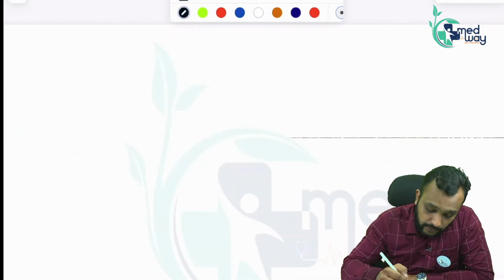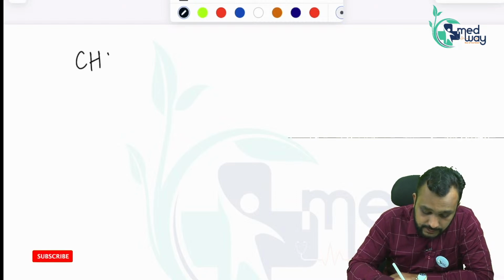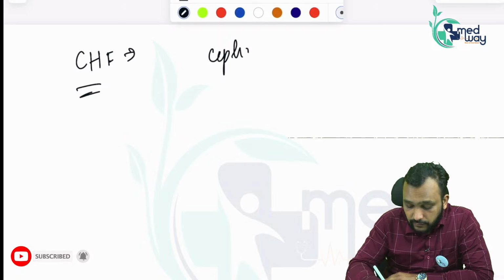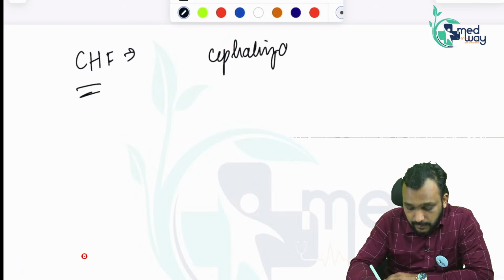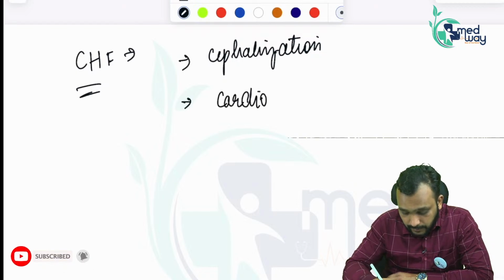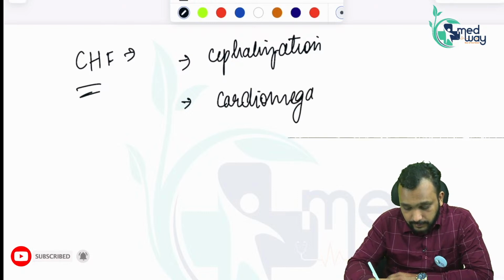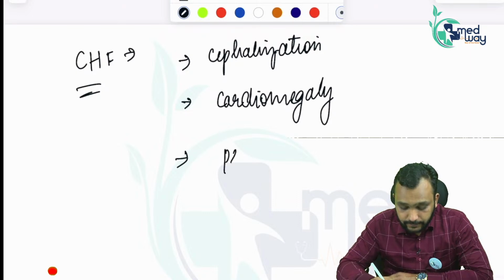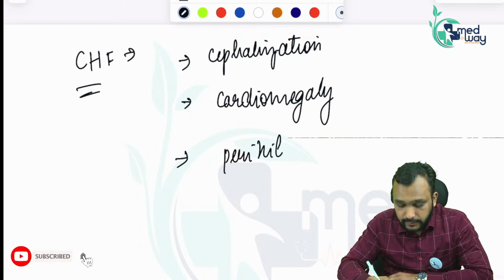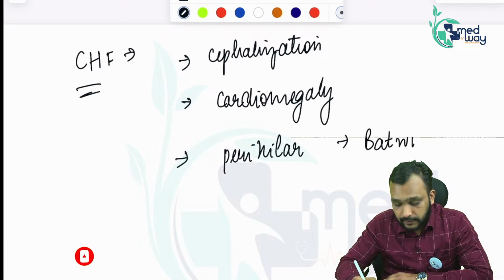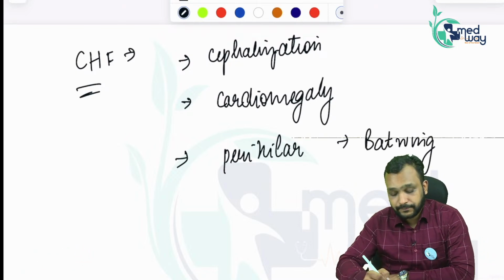So guys, other important signs that you are going to see in congestive heart failure are cephalization of vessels, then cardiomegaly, then perihilar consolidations that give a bat wing appearance, right?